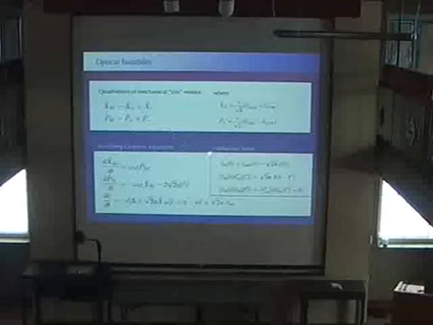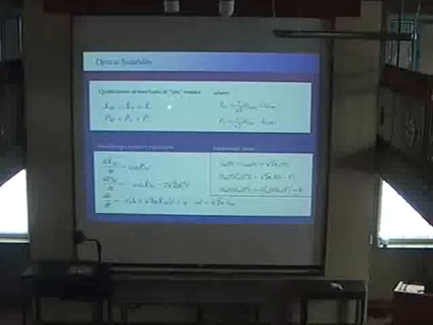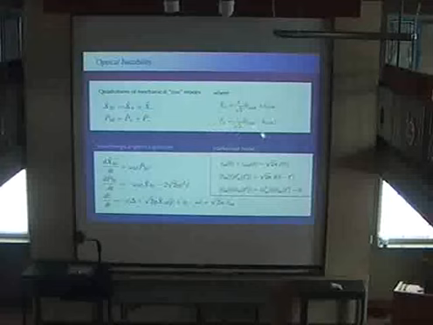There exists a sine mode, which corresponds to the x plus minus x minus mode, but it's very small, so here we neglect it. We consider only the cosine mode here, and x plus minus and p plus minus are defined respectively like this.